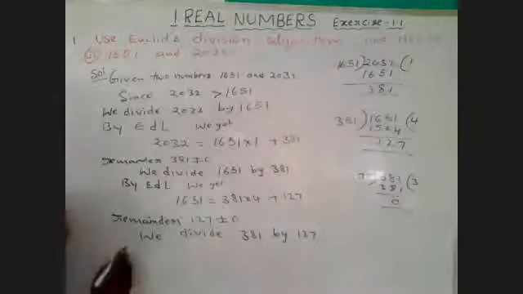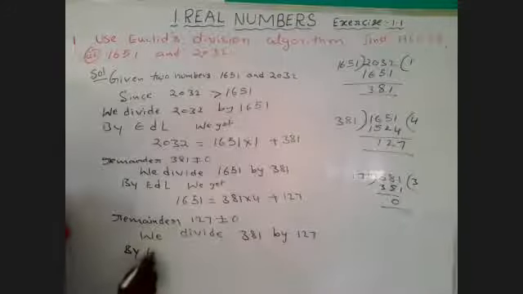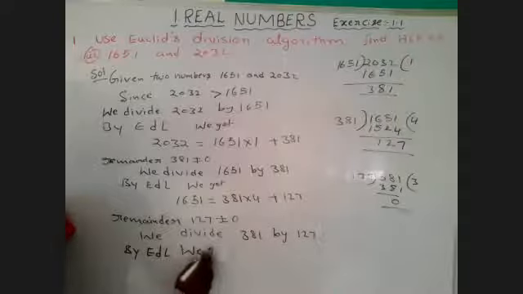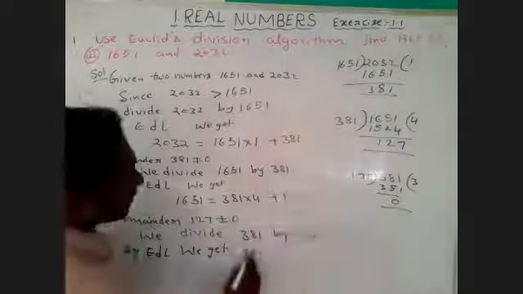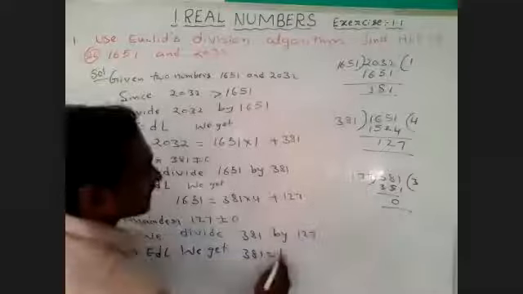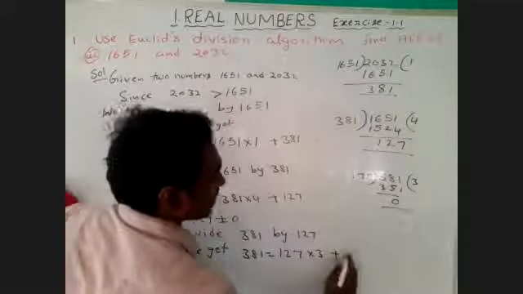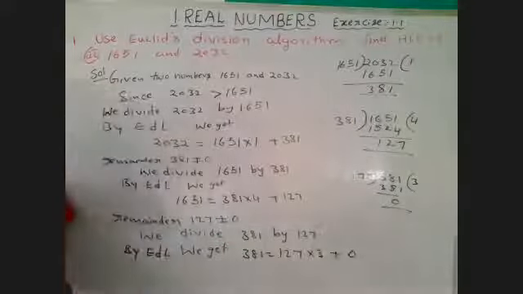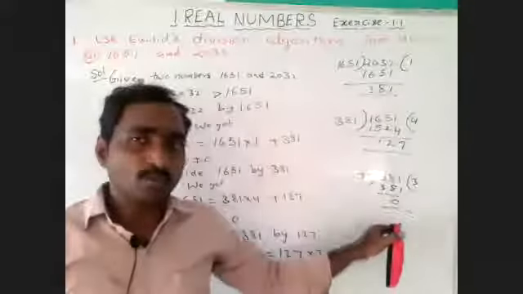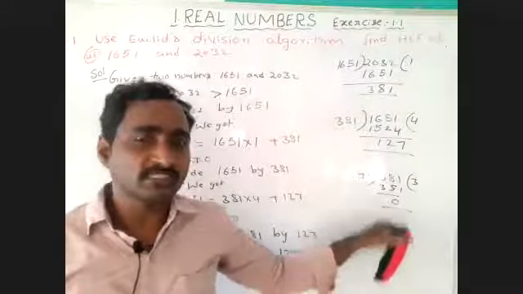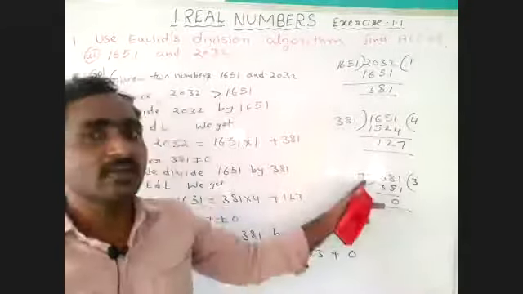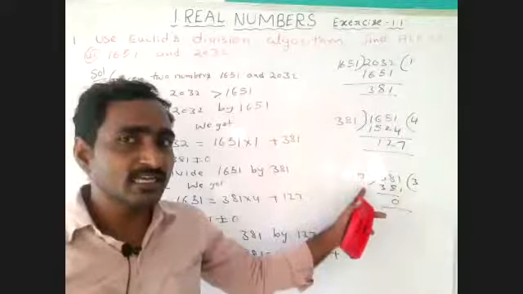So 381 is equal to 127 into 3 plus 0. Our procedure stops.